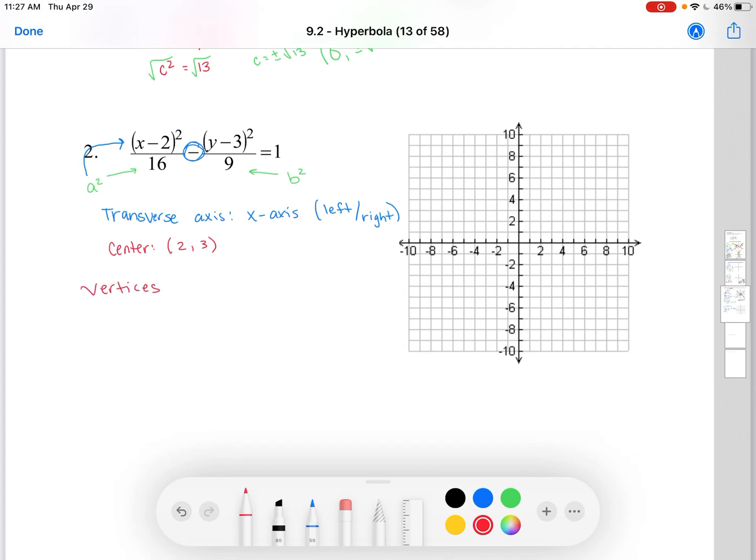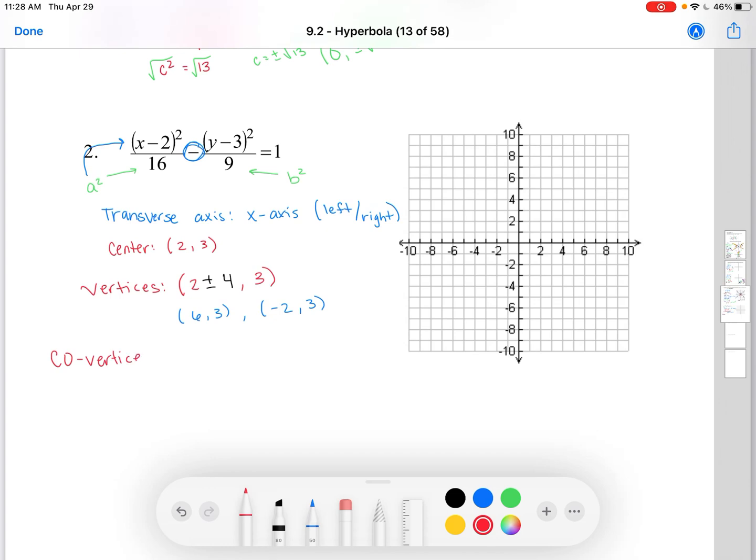Then I go into my vertices, the vertexes of my actual hyperbola, remembering that it is paired with the x-axis. So my vertices are going to shift from the center left and right. So it's going to affect the x-coordinate, starting at the center and moving an a value of plus or minus 4, where the k value stays the same. If you wanted those real coordinates, those are going to be 6, 3 and -2, 3.